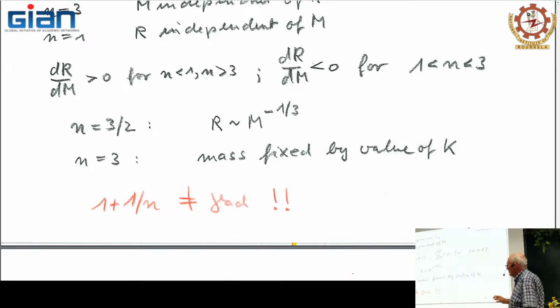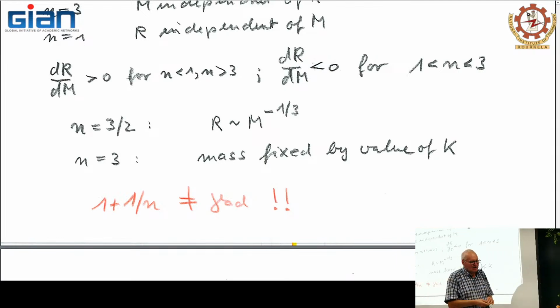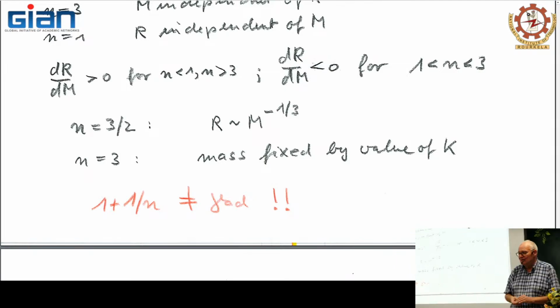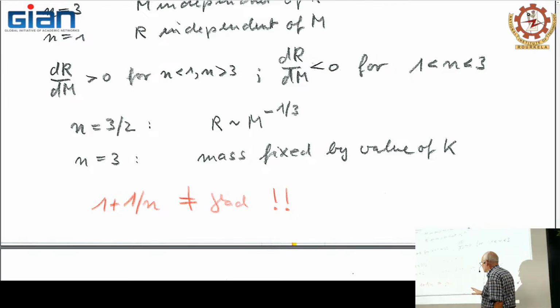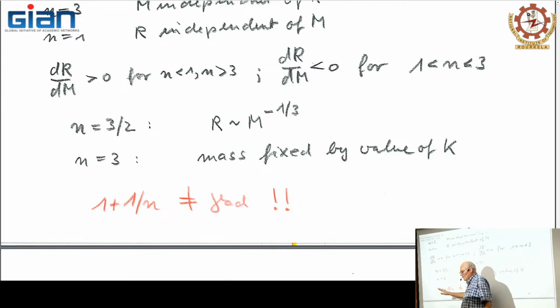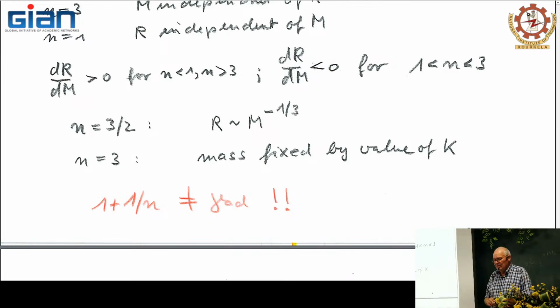Whereas the polytropic index might also include the energy transport, so it requires a particular stellar model. It cannot be determined by thermodynamics only.